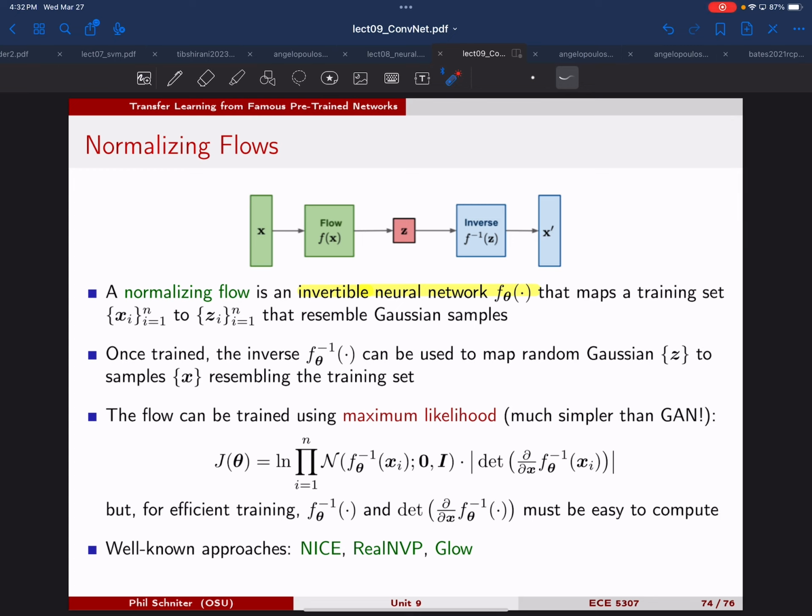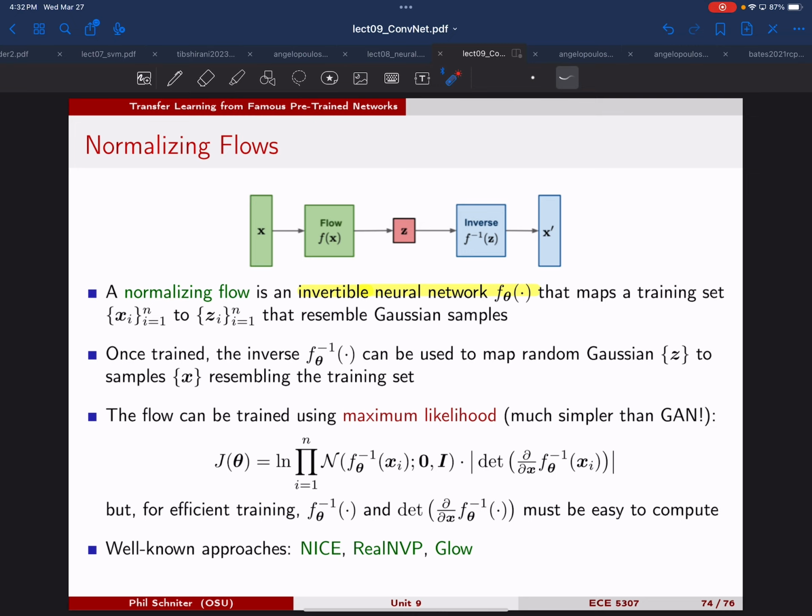And so now the challenge is, in order to train this efficiently, not only does the network have to be something you can evaluate, but the inverse has to be something you can evaluate efficiently, as well as the determinant of the Jacobian of the inverse. All those things have to be computationally efficient for evaluation.